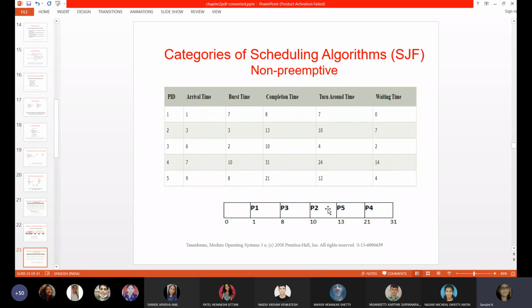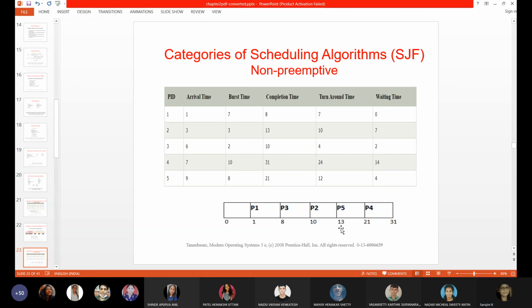Look at the Gantt chart. P2 enters next. What is the CPU burst time of P2? 3 milliseconds. What does the algorithm say? It is non-preemptive. So P2 enters in the 10th millisecond and it will complete its execution in the 13th millisecond.